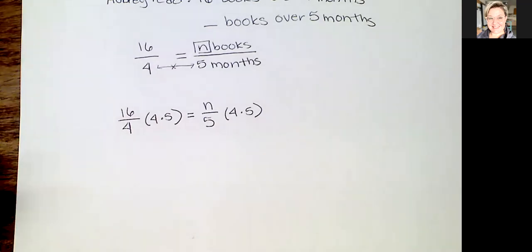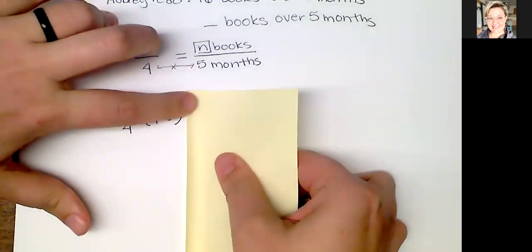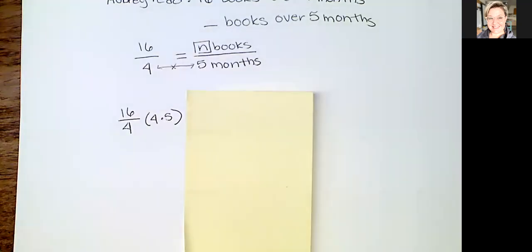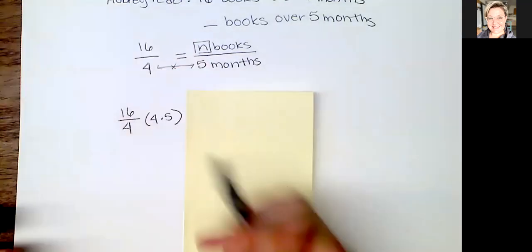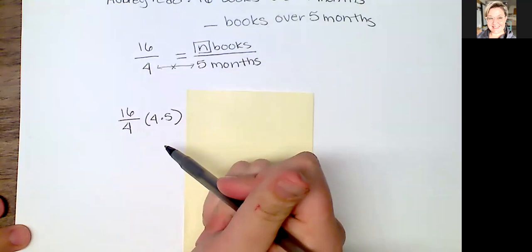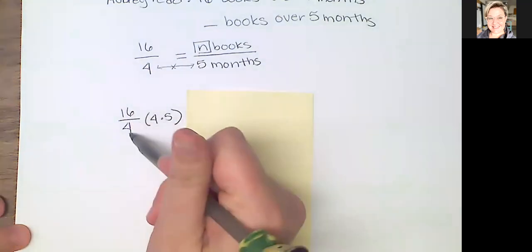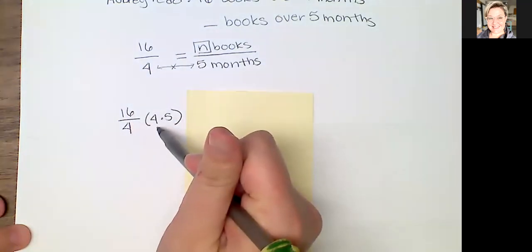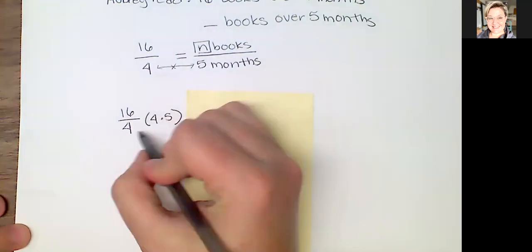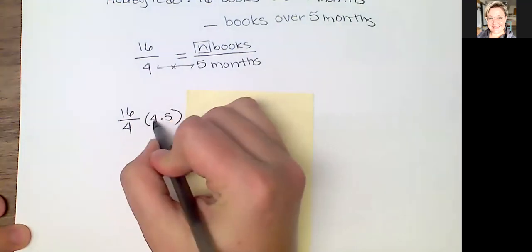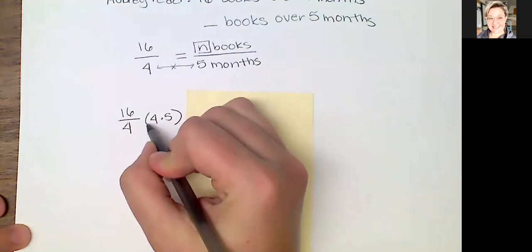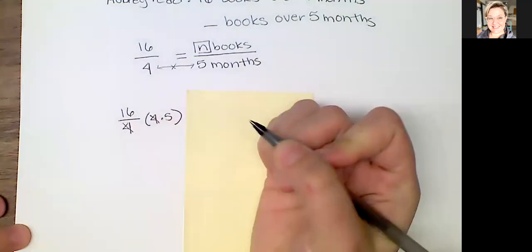Let me grab a sticky note really quick, okay? Because really, we're going to figure out what's on both sides of the equal sign first, okay? We're going to simplify this down as far as we can. So if we have 16 over 4 times 5, we know that if we're dividing and multiplying 4 in the same equation, we can just cancel those two out, okay?